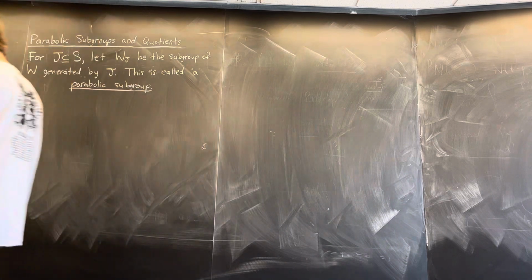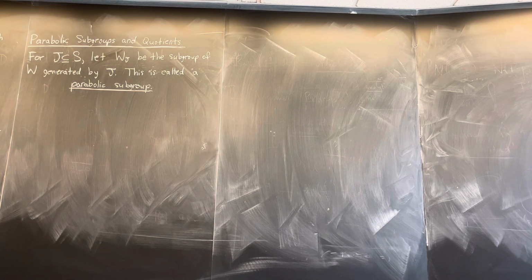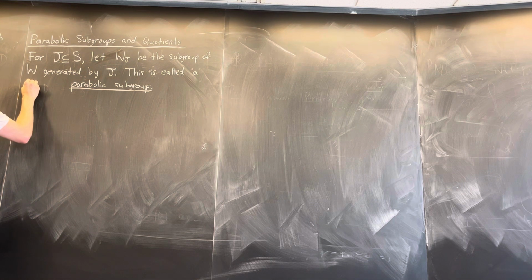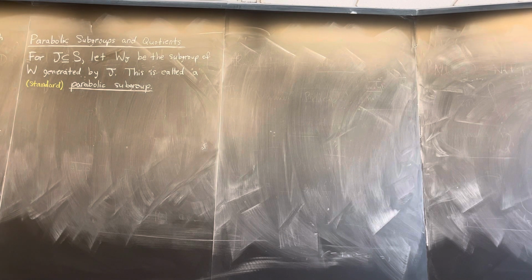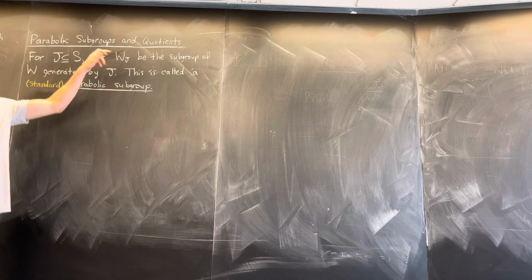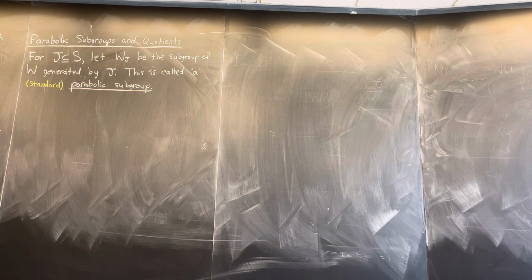There's a bit of a clash of terminology in the literature. Some people use the word parabolic subgroup to refer to this. Some other people will say that this is a standard parabolic subgroup, and a parabolic subgroup is anything conjugate to a standard parabolic subgroup.